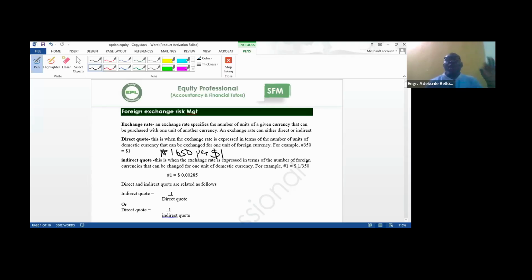The number of units of domestic currency that can exchange for 1 unit of foreign currency. This is called a direct quote. Naira is the domestic currency. Dollar is a foreign currency. In this case, we have a direct quote.